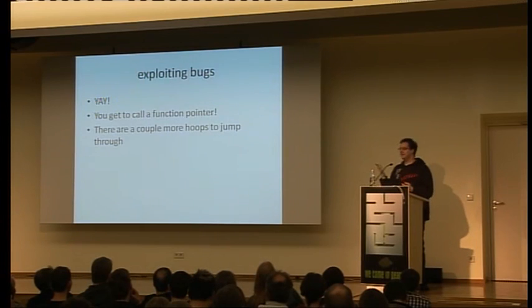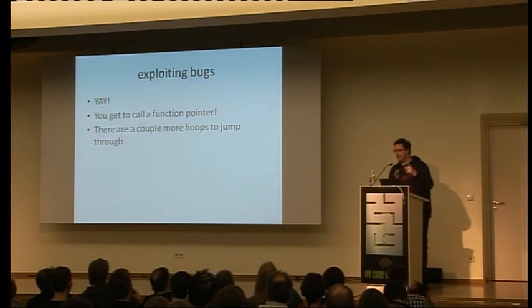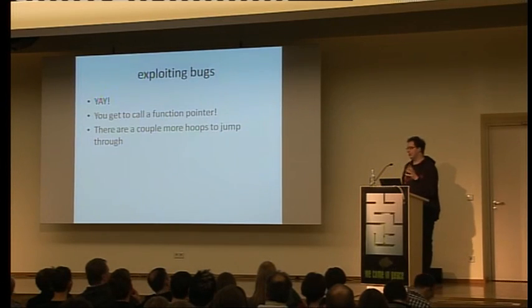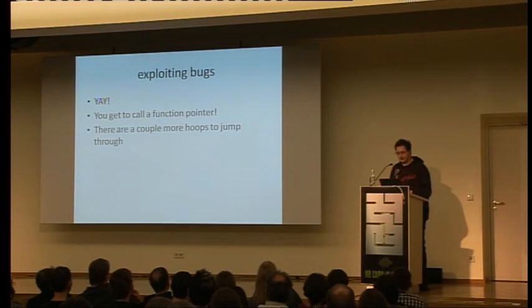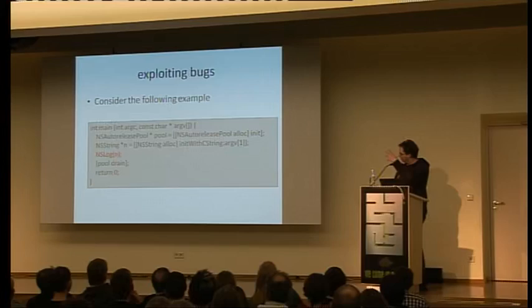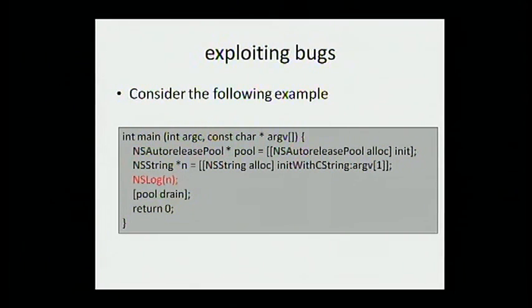Of course, there's a couple hoops you have to jump through. And this stuff is not just specific to iOS, it's basically macOS, and macOS applications can be exploited in similar ways. So I'll give a demo. Consider the following application and how it looks. This is clearly a classic case of a format string bug.